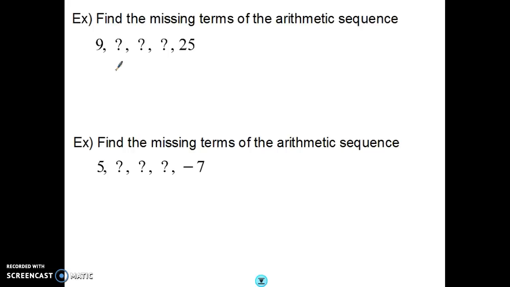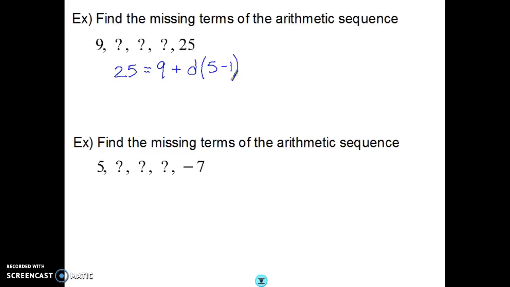For example, we know that a sub n this time is 25, or specifically a sub 5. We also know that our first term is 9, and then plus, what we don't know is the common difference d. But we already are working with the 5th term, so we can plug in 5 for n minus 1, and then solve this equation from here to get our common difference.